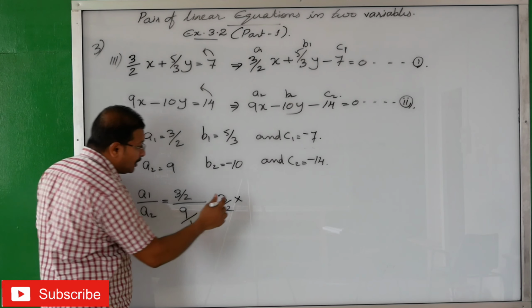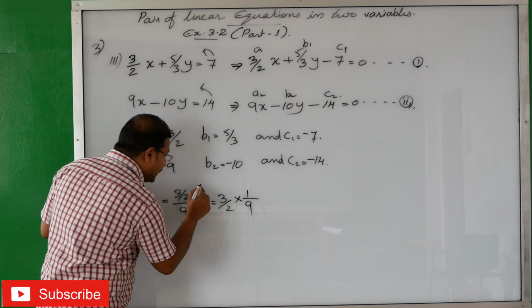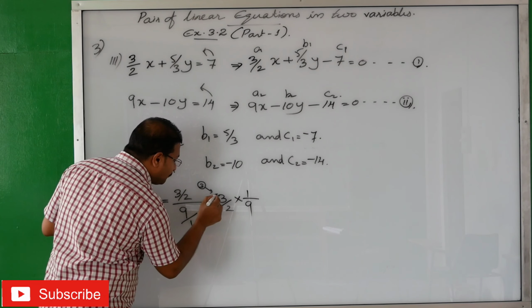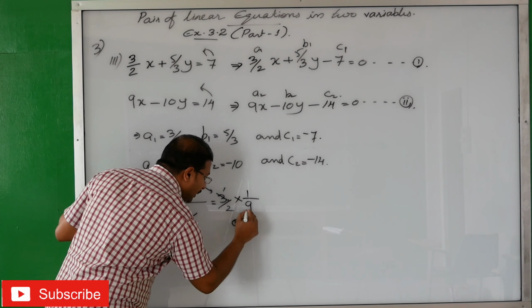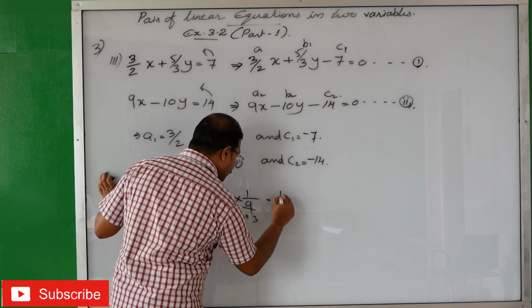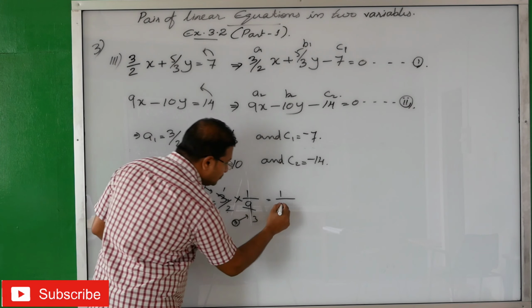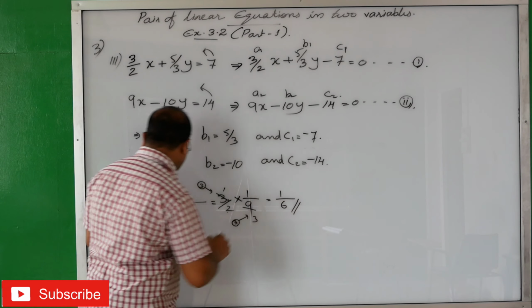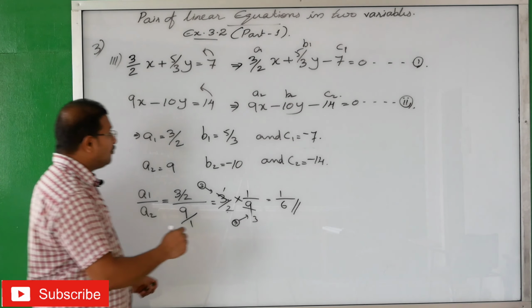That means 1 by 9 will be written. Now we can cancel by 3. 3 ones are 3. 3 how many times 9? 3 threes are 9. That means we got 1 by, now 2 into 3, 2 threes are 6. So we got A1 by A2 equals 1 by 6.